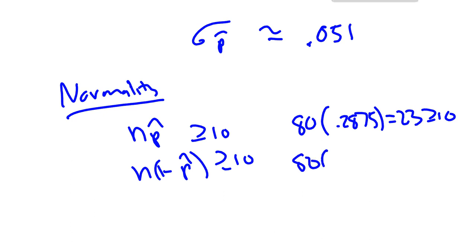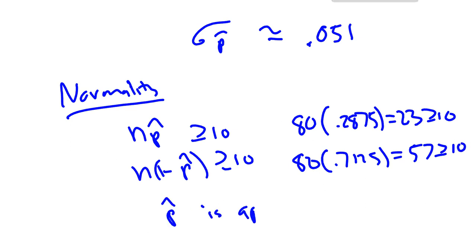Then we have 80 times 0.7125, which equals 80 minus 23, or 57, which is also greater than or equal to 10. So therefore, p hat is approximately normal.